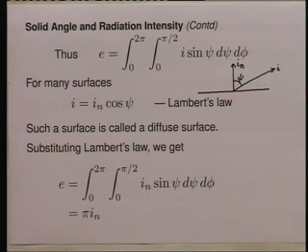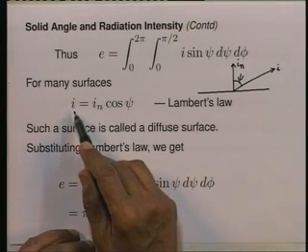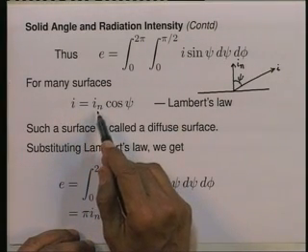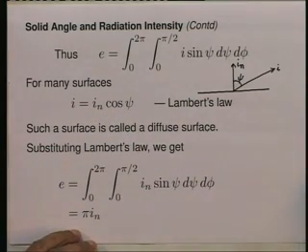Then Lambert's law simply says I, the intensity in any direction, is equal to I n, the intensity in the normal direction, multiplied by the cosine of psi.